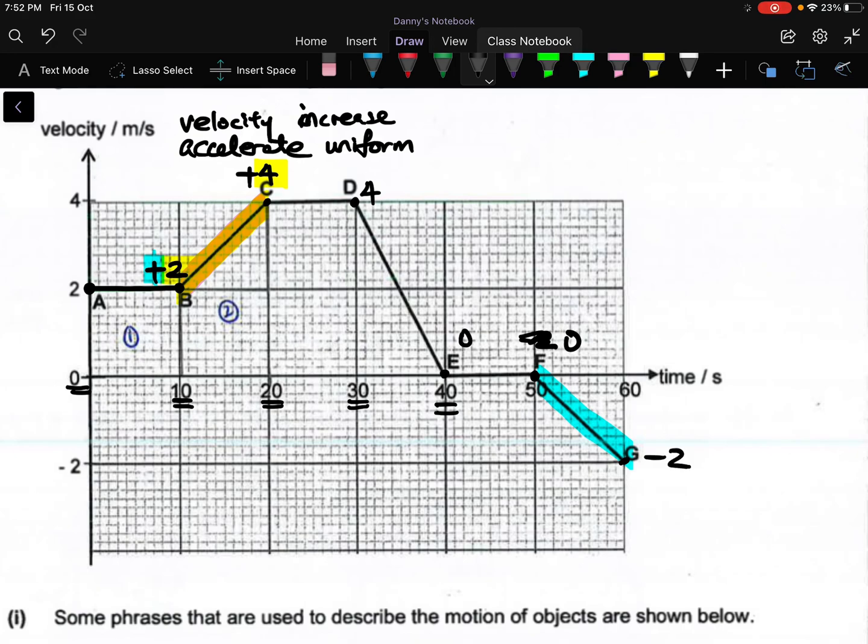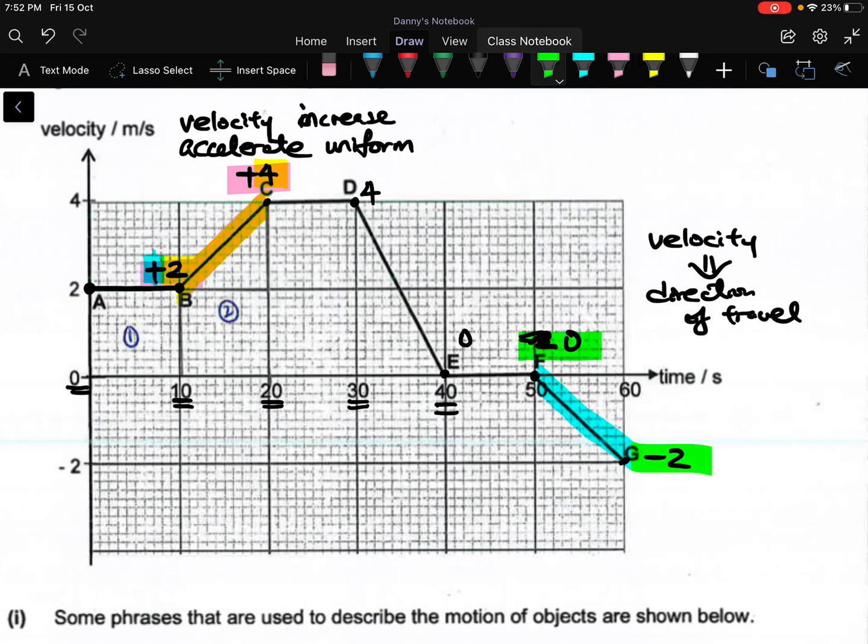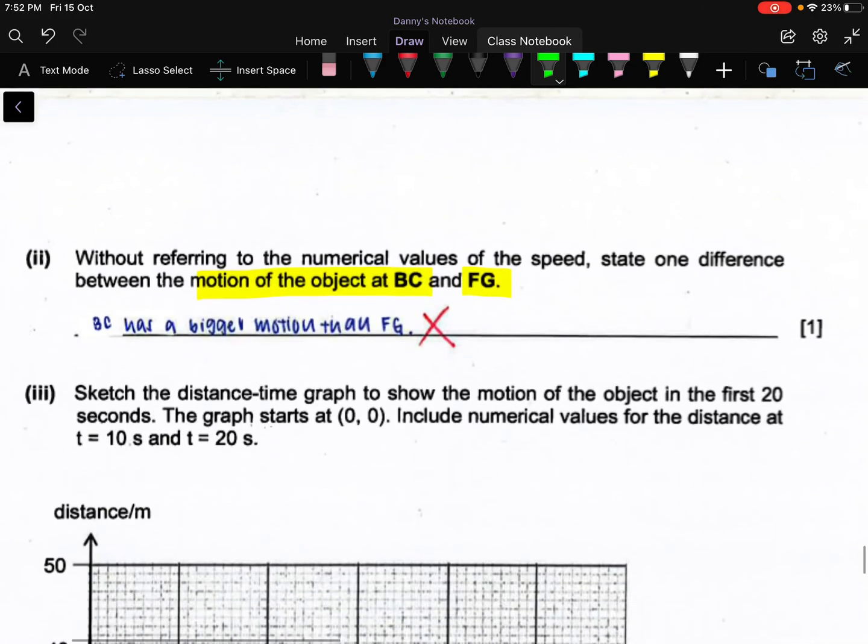What does it mean? Well, it seems that she has forgotten that velocity is an indication of direction of travel. So if you have positive velocity, it means you are traveling in the positive direction. If you have negative velocity, it means that you are traveling in the negative direction.